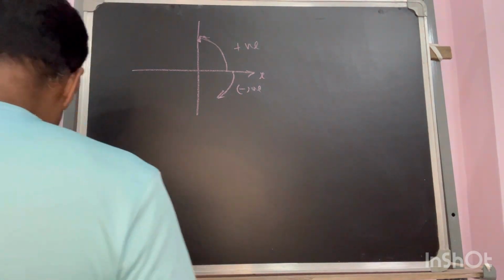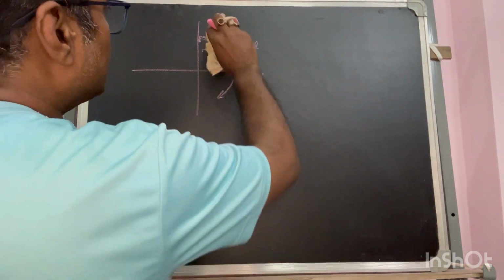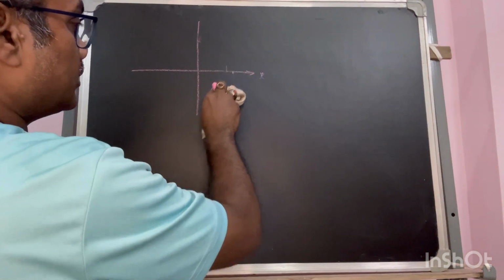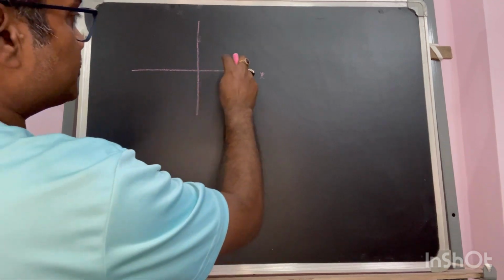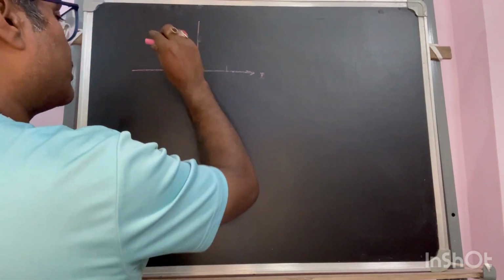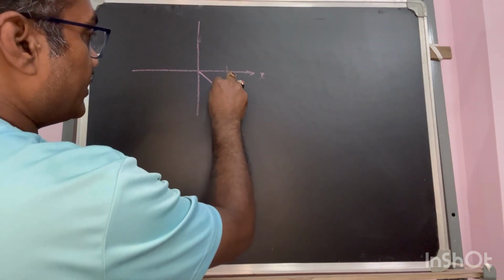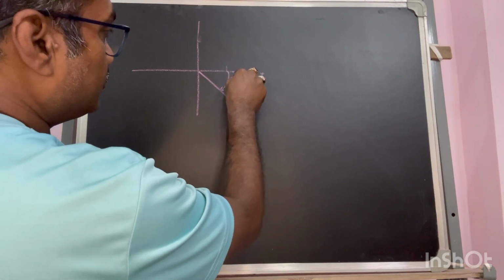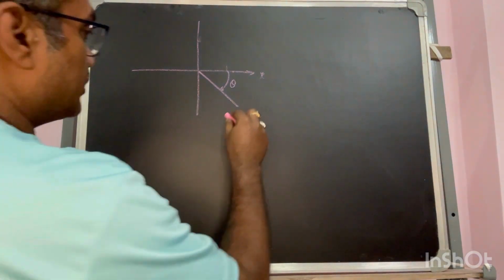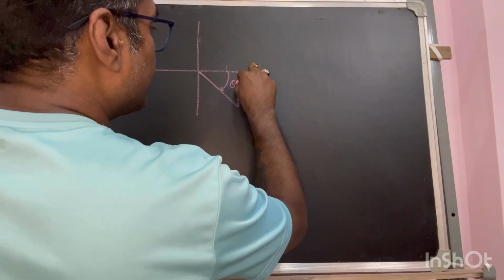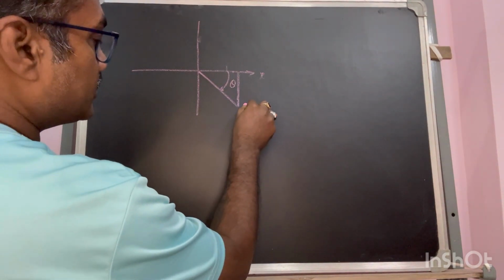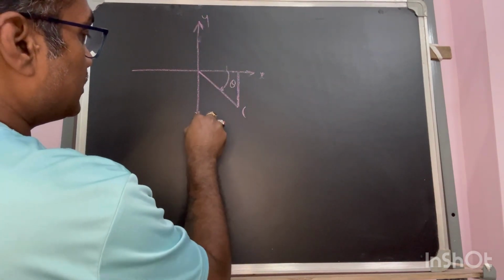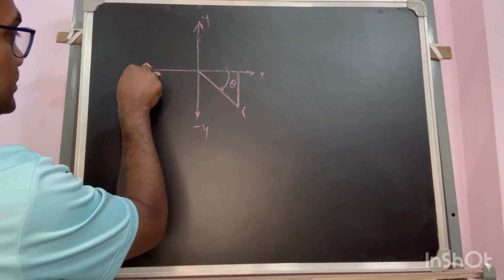Now we are doing the trigonometric ratios with respect to the positive x-axis in the anti-clockwise direction. If I talk about an angle theta made in the anti-clockwise direction, what would be the case? This is the fourth quadrant. This is y, this is minus y, this is minus x.